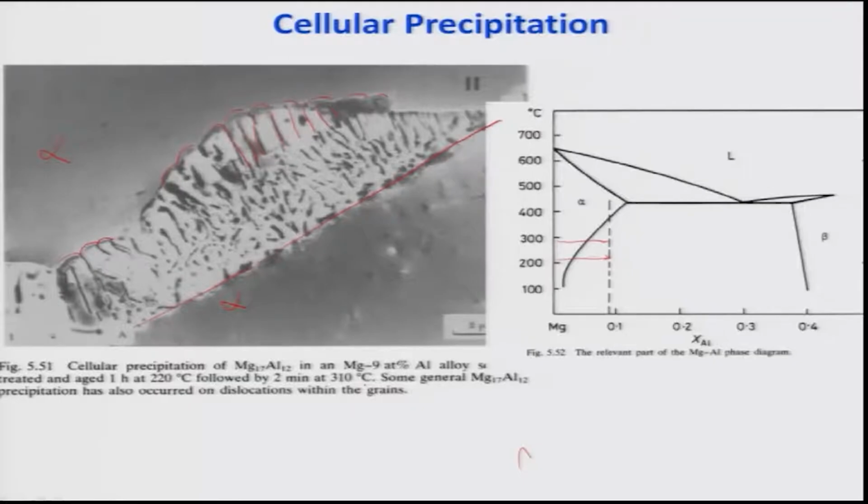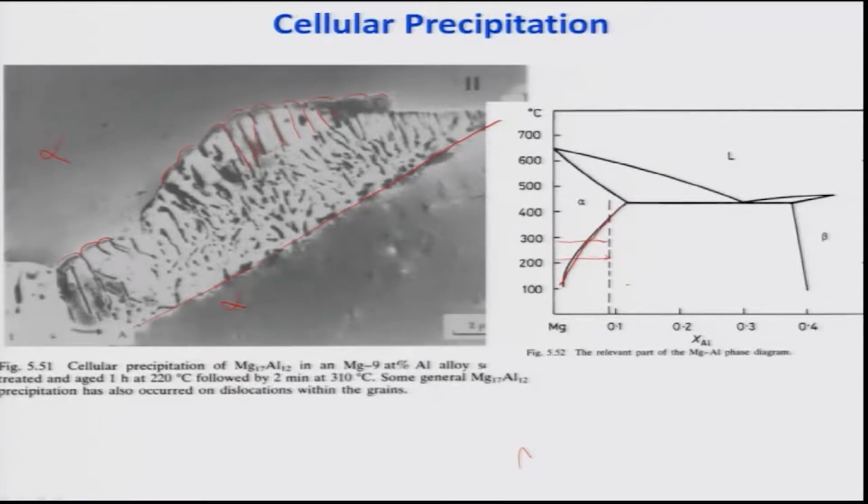If you look at the phase diagram, this is a typical picture of precipitation hardenable systems with a decreasing solvus concentration with temperature. So, if you simply heat the alpha phase at 450 degrees Celsius, solutionize and quench to a lower temperature, and then age it, it will form classical precipitates of Mg17Al12 in the alpha.